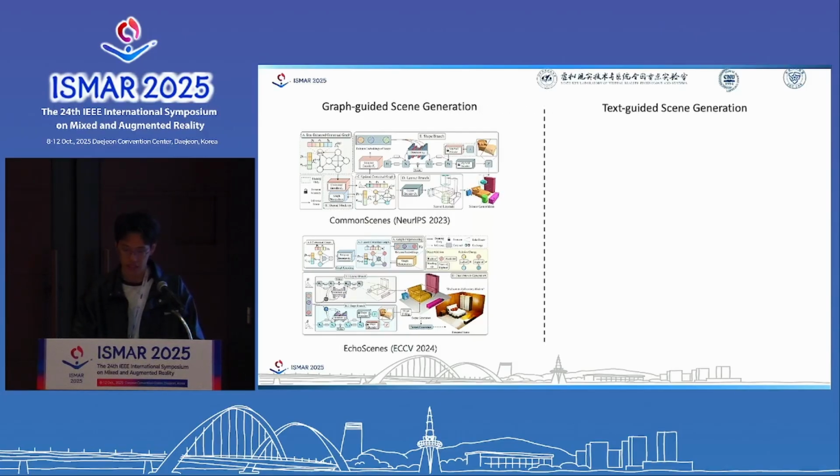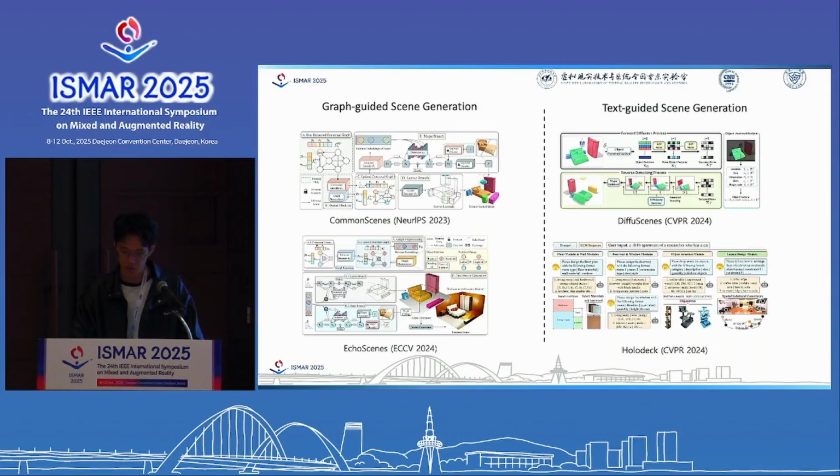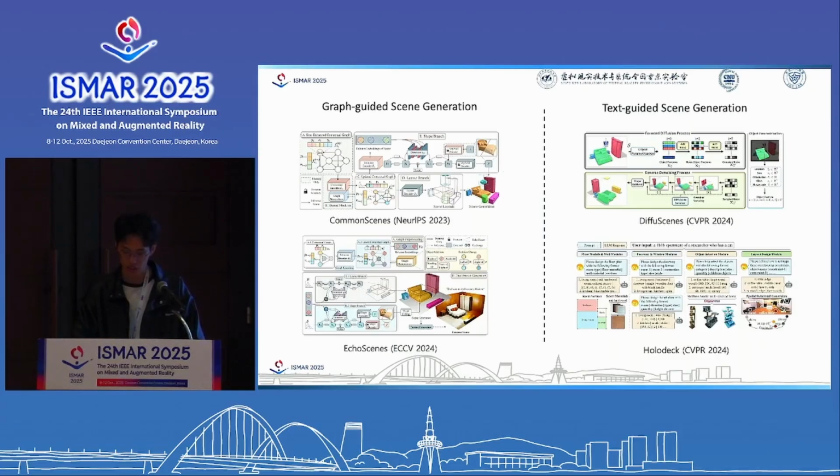On the text-guided scene generation side, approaches such as DiffuScene and Holodeck take natural language as input. While they enable text-driven interaction, they often trade off scene quality or generation efficiency. This gap motivates our DGD framework, which unifies graph structure and text interactivity while optimizing for quality and speed.